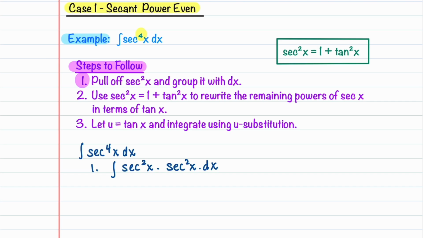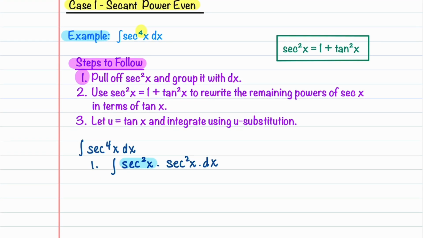The reason that we're doing this is we have an even power of secant left, and we can change that secant to tangent, and then the derivative of tangent is secant², which we have right there.